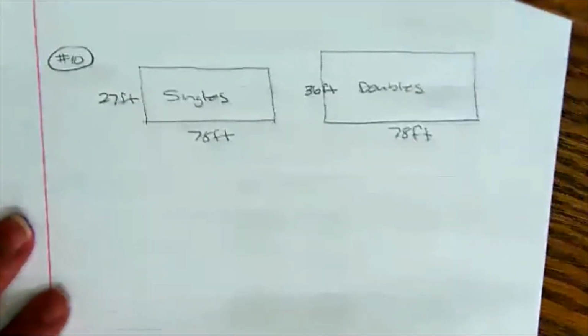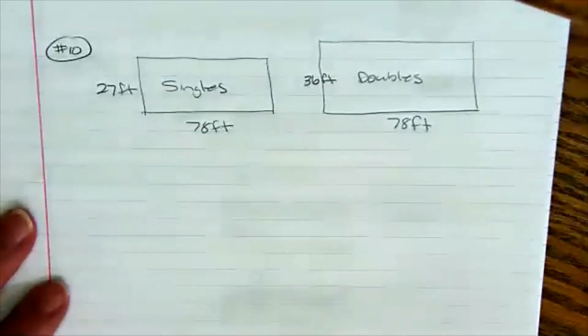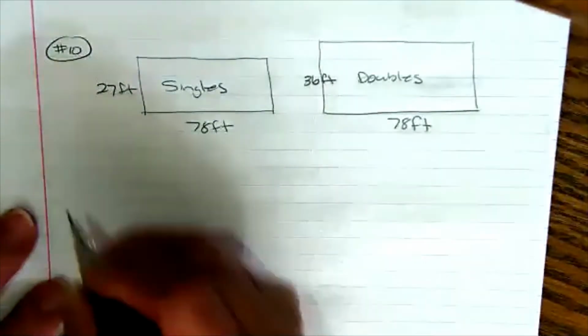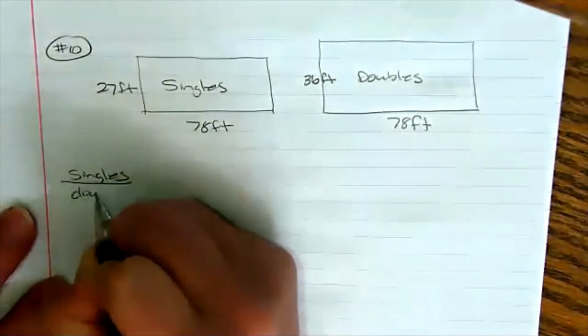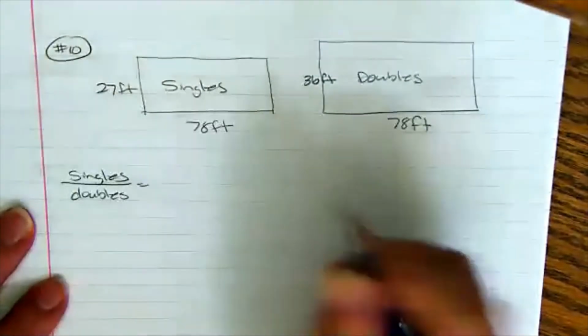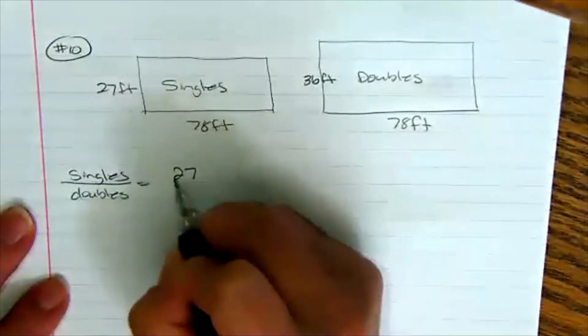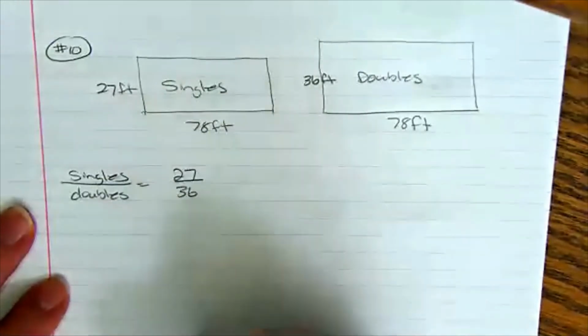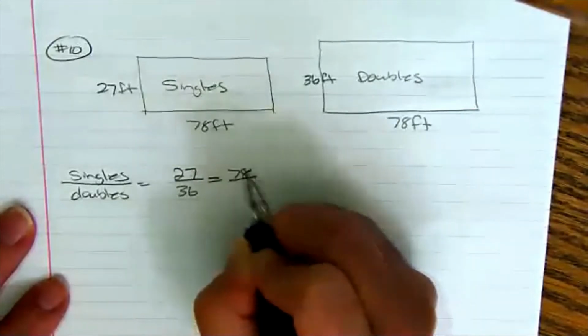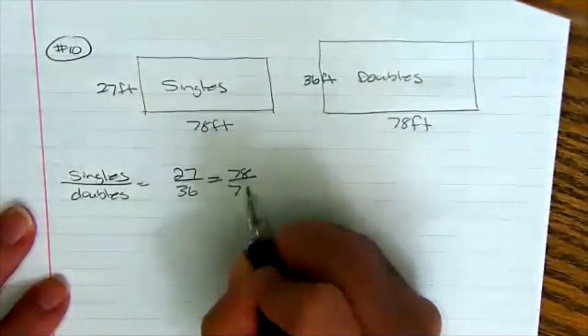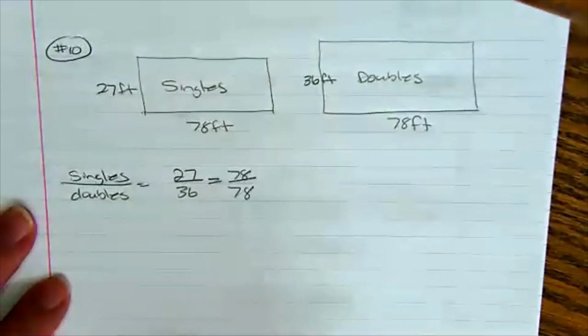And we want to know, are they similar? Are they proportional? So we're going to set up our proportion. Singles over doubles. Our height is 27 over 36, and it should be equal to our length over our length.